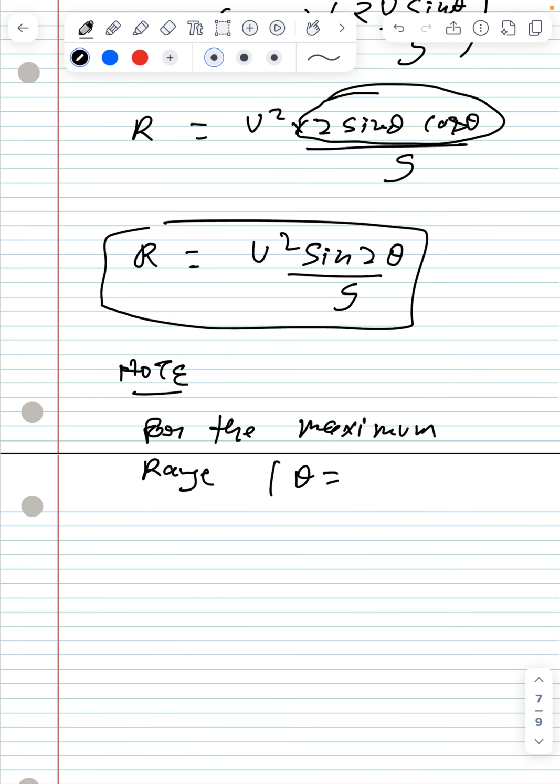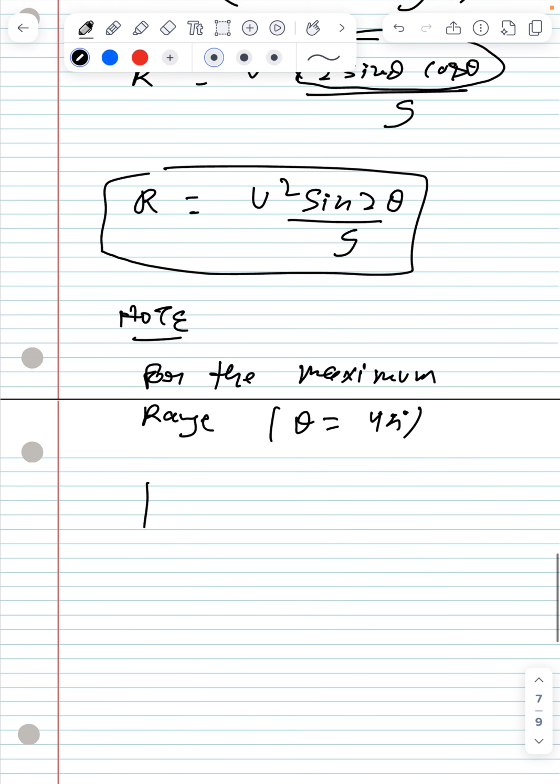Here using the formula of sin 2 theta, R equals u square sin 2 theta divided by g, right.